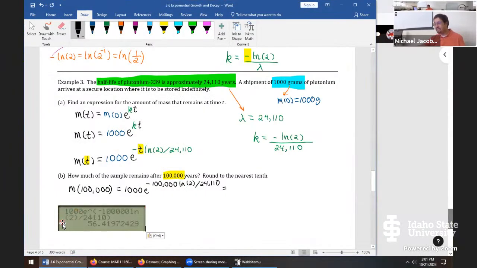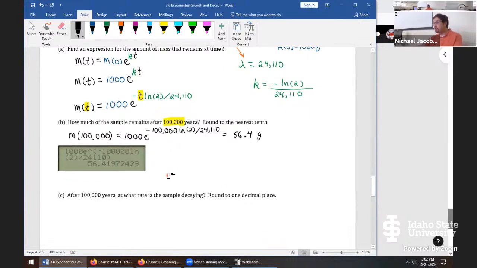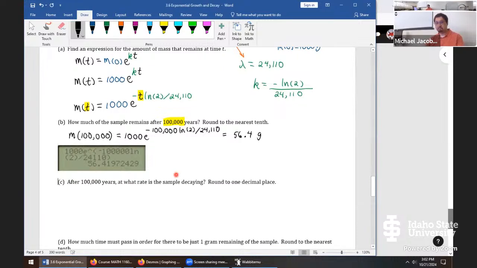So in an exam setting, this is about what it should look like in your calculator, putting it all in one line. And we get 56.4 grams. So that's how much of this material is going to be left after 100,000 years. Well, any questions, folks, with part B?